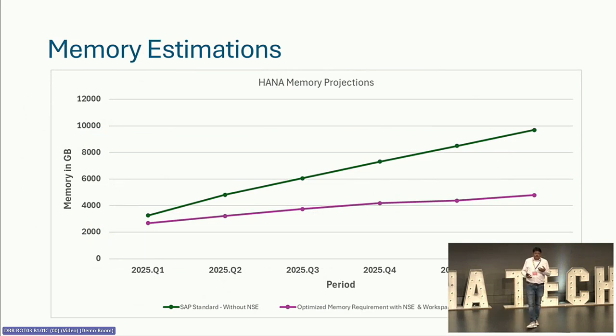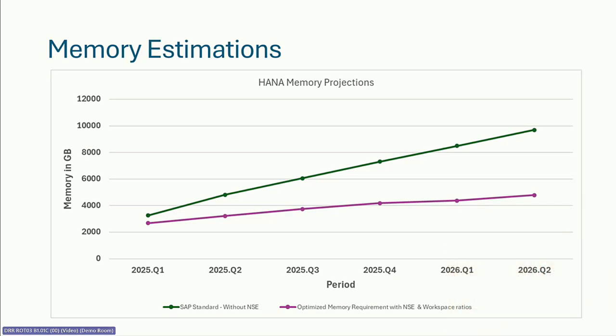If you go with standard ways of making HANA estimations versus an optimized way of calculation, considering the NSE effect and the workspace ratios as factors, you would possibly save a lot of memory and also some budget.